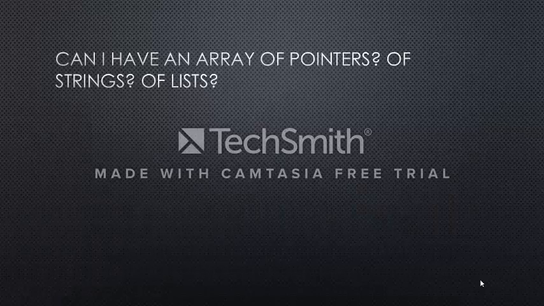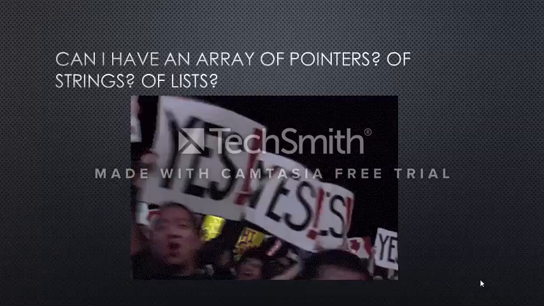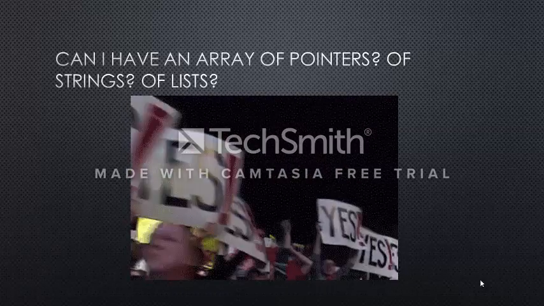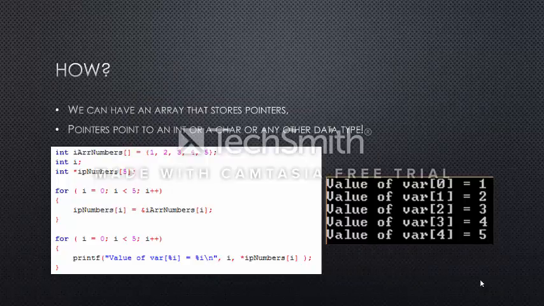So, can I have an array of pointers, of strings, of lists? The answer to that question is yes, yes, and yes. How, you say? Well, we can have an array that stores pointers, and then those pointers can point to any other data type.